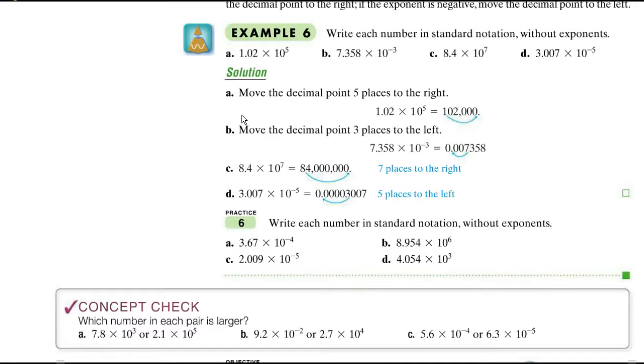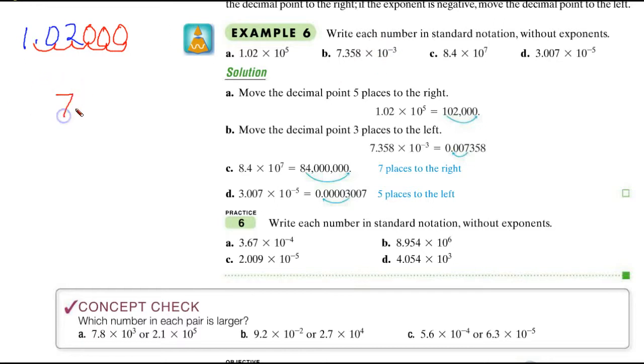So let's see these here. So it's 1.02, and we have to have 5 places to move the decimal point. So we're going to add 3 more zeros because we're going to move it 5 places.